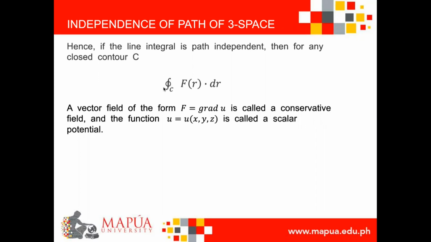This is called the closed contour integral. So we have here now the integral of F of r dot dr. A vector field of the form F equals grad u is called a conservative field, and the function u equal to u of x, y, z is called a scalar potential.